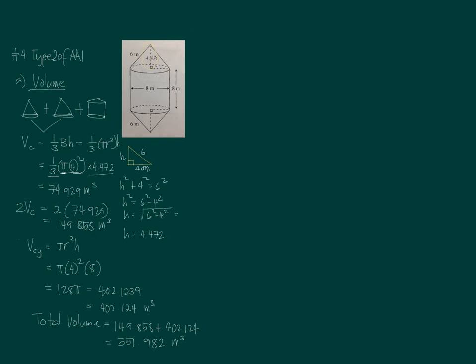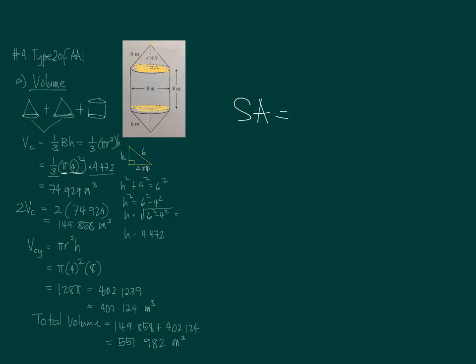Let's find the surface area. This can be tricky. Note the circles on the cones are inside the figure, so those are not considered to be surfaces. You have to have only the lateral area for the two cones, and then the lateral area for the cylinder.